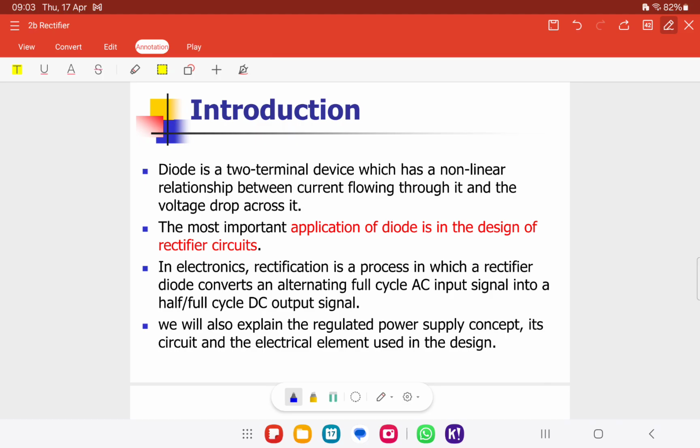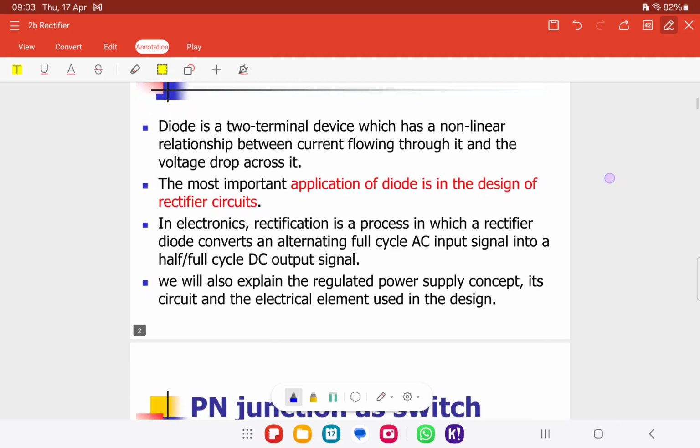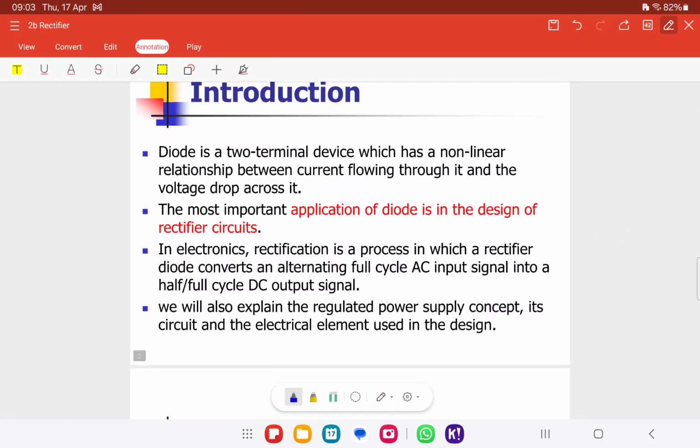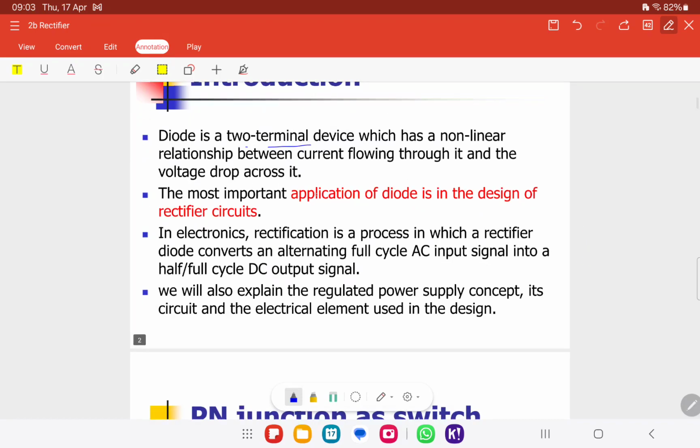Okay, alright. So now kita nak pergi deeper on where are the applications of the diode, especially in our daily usage. Okay, the diode is a device that has two terminals but only one way direction. Okay, the application of the diode is in the design of rectifier circuit.